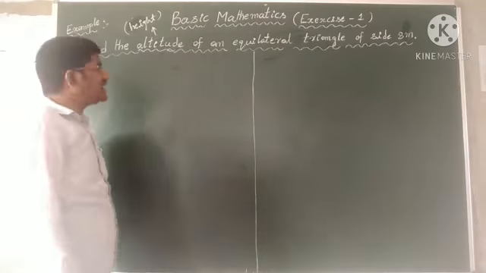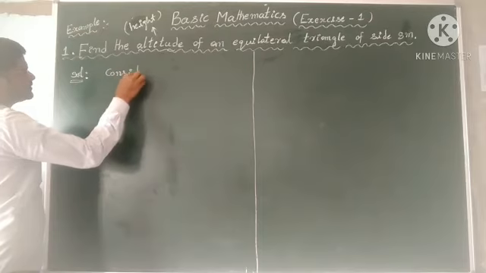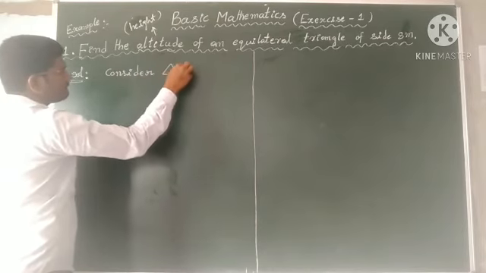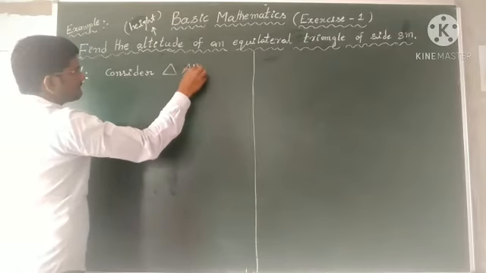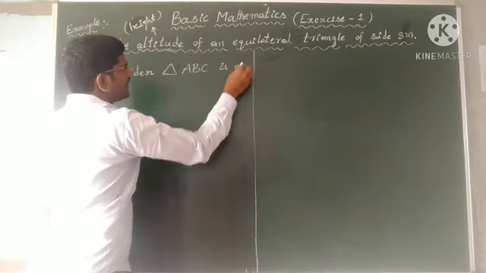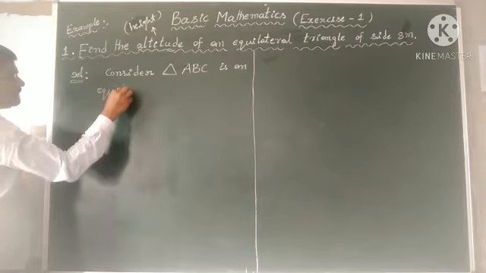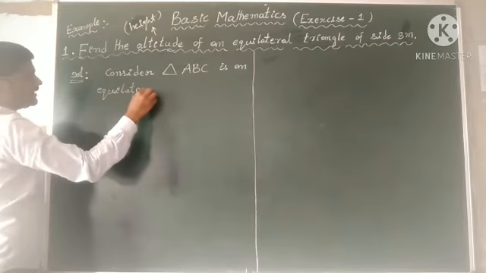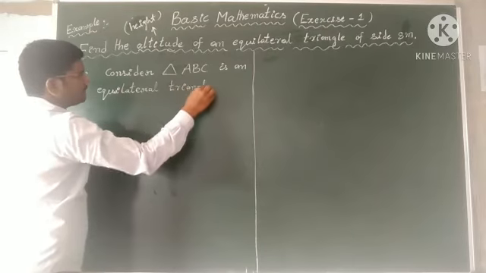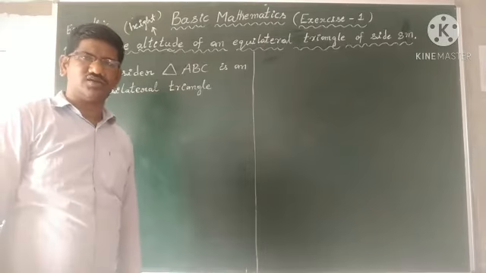So take triangle ABC. Consider triangle ABC is an equilateral triangle.